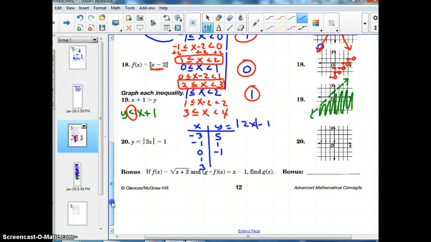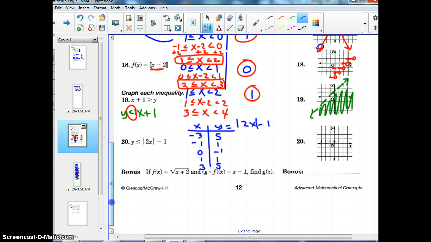Substitute in 1. 2 times 1 is 2, minus 1 is 1, and then the 3 will give me a 5. So there's my points.